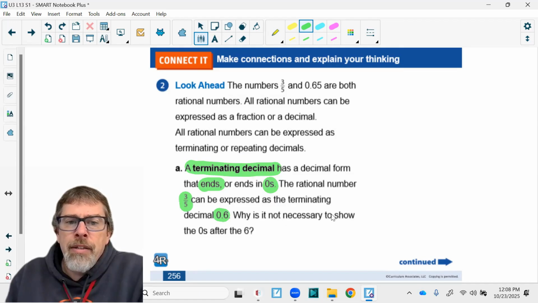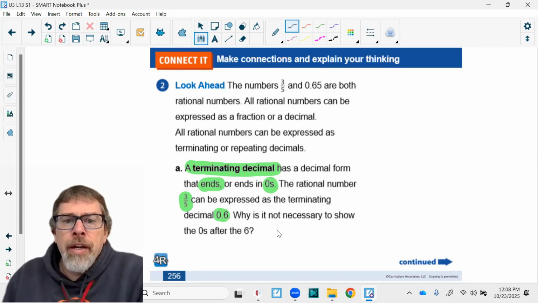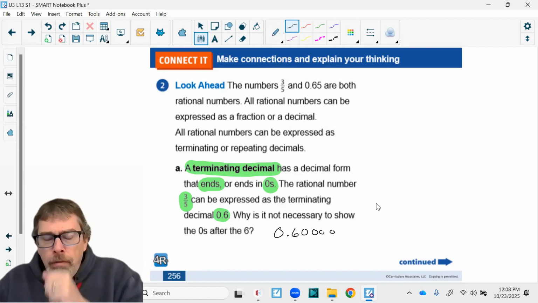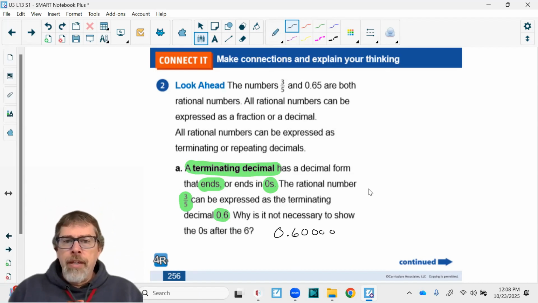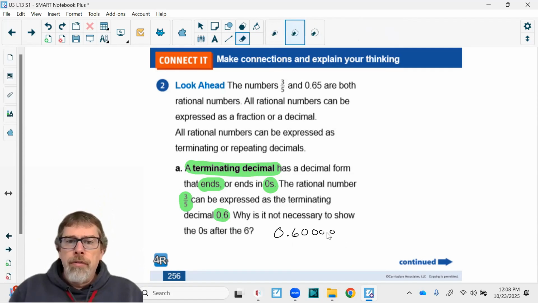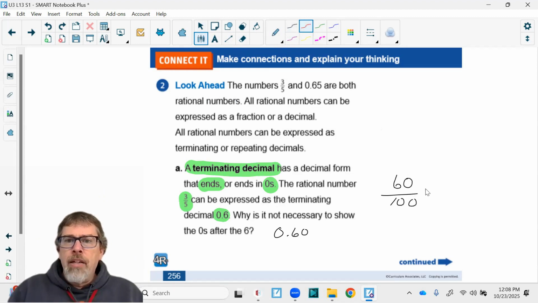Why is it not necessary to show the zeros after 6? In other words, why do I not have to write 0.60000? Okay, and the reason is, let's just do one zero. Well, 0.60 is 60/100ths. But I can divide both by 10.